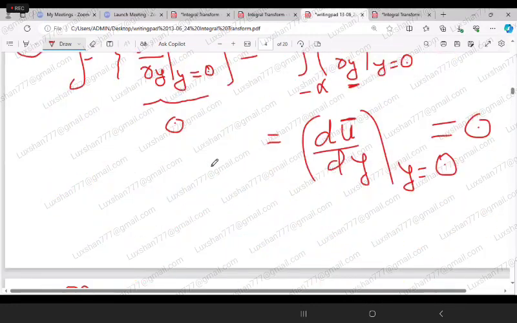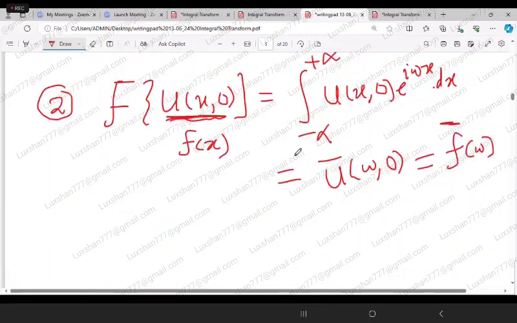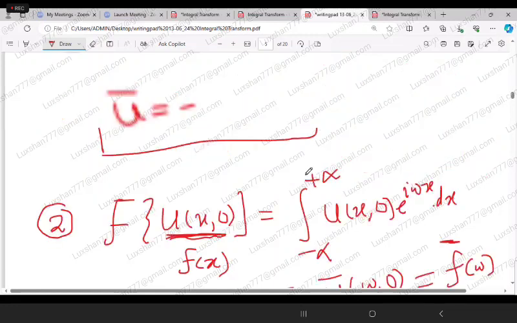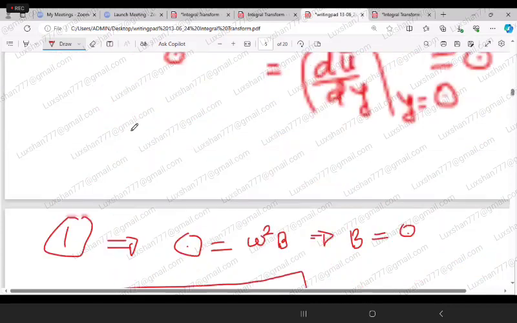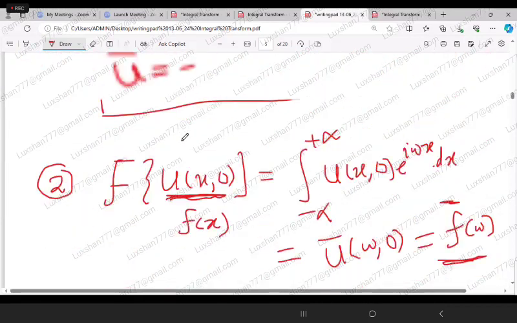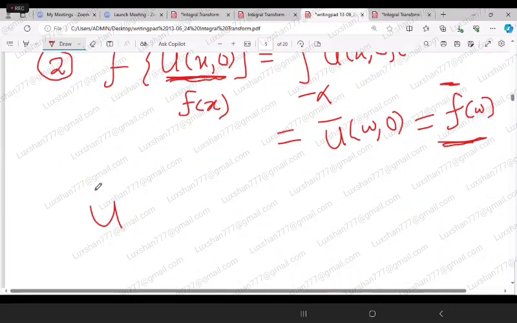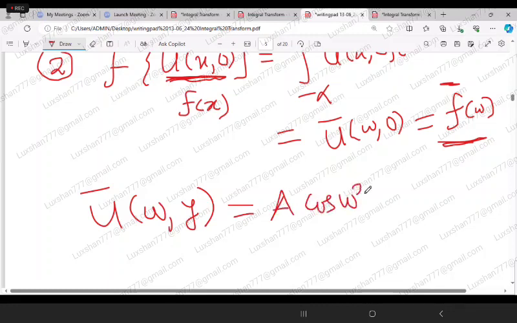So now we have found this one. Here we found du bar over dy when y equals 0, and then we are using the second initial condition. Now we are going to substitute this in this equation. We have u bar(omega, y) equal to a cos omega squared y.